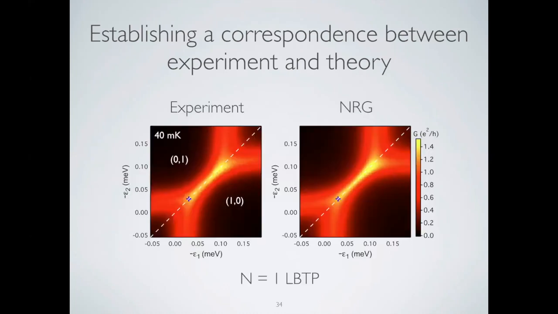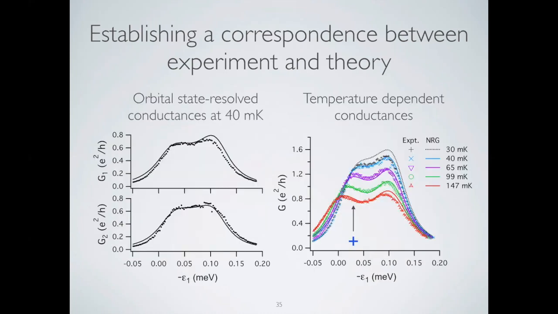If we do this, you can see, all right, here's behavior in experiment, here's NRG calculations. I like color plots, but I like to say that they can hide a multitude of sins. So let's go to line cuts. Here we have, at different temperatures, the data and the NRG calculations. And again, this is no free parameters.